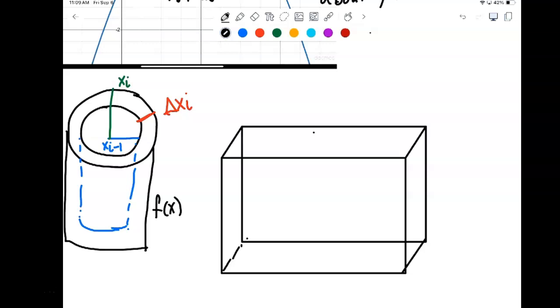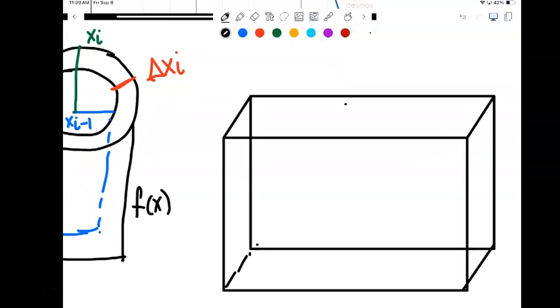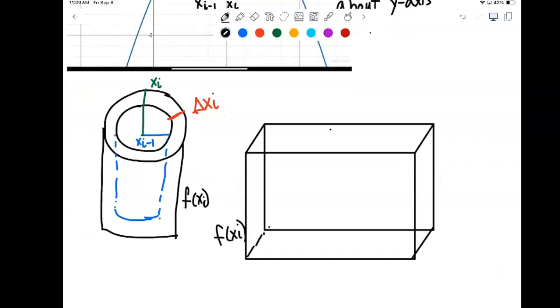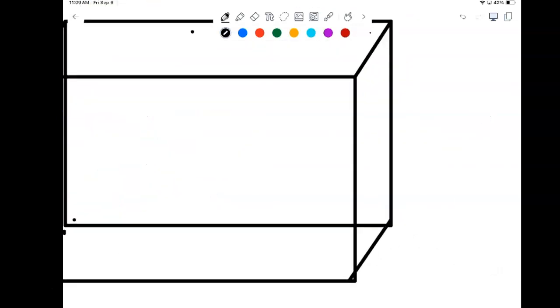But the height of this object is just going to be f of x. Same height that it was over there. So that's just f of x, actually should be f of xi. The thickness of this is my delta xi.